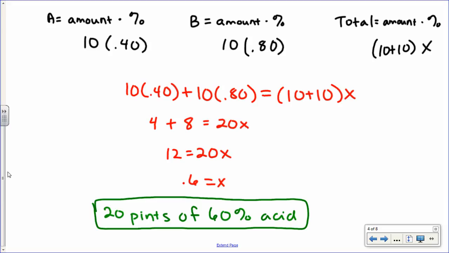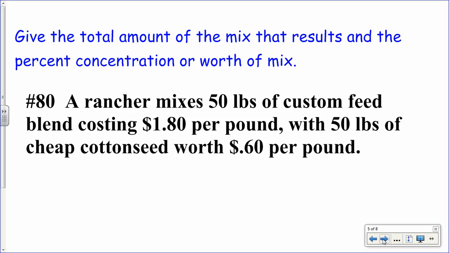Okay? All right, let's do another one. And this time we're not going to talk about percents and acids. We're going to be talking about a mixture here, and we're not talking about percent concentration, we're talking about the worth this time.